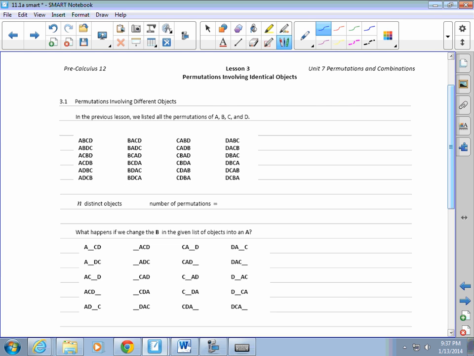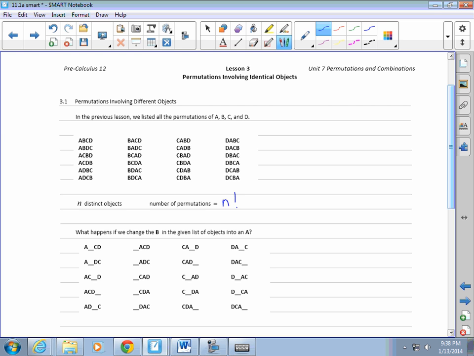So, permutations involving identical or different objects. In the previous part, we listed all the permutations of A, B, C, D. So we had n distinct objects, and when we arranged them, we had n factorial ways of arranging them.